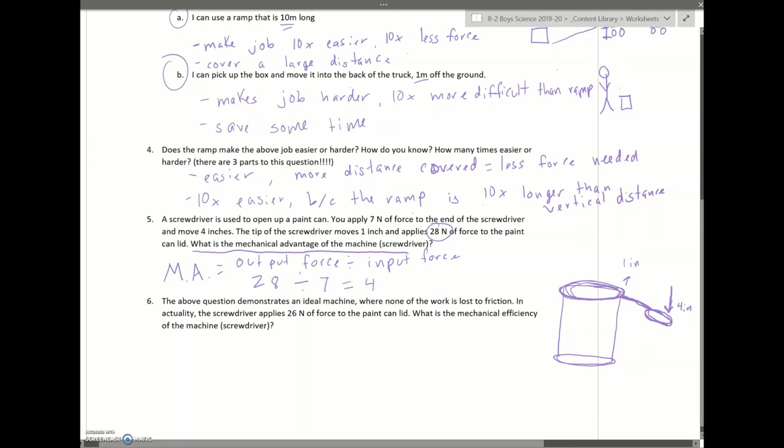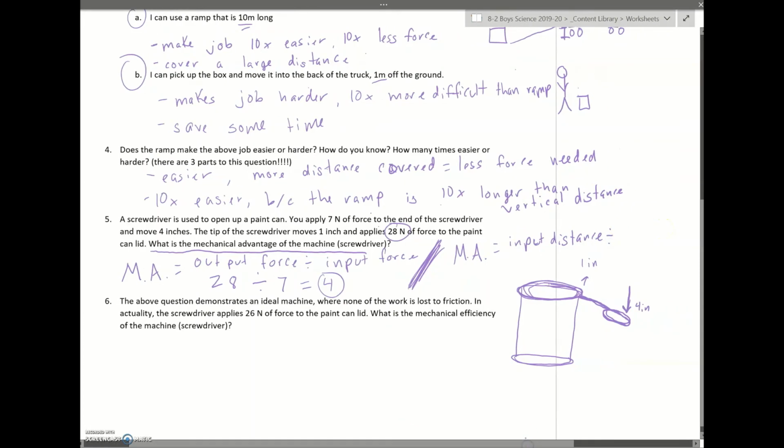You might also have noticed, and this is on purpose, that the number 4 is a common theme here. You could also say that mechanical advantage is equal to input distance divided by output distance.